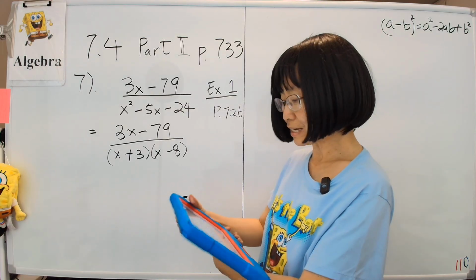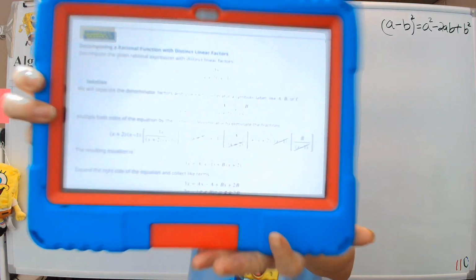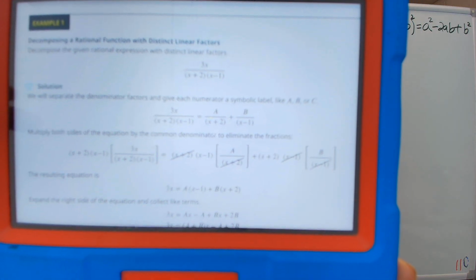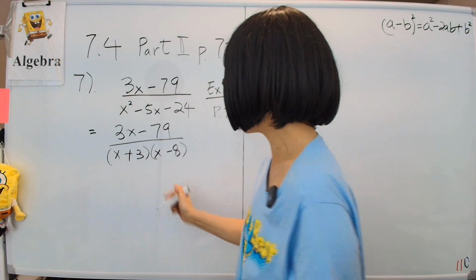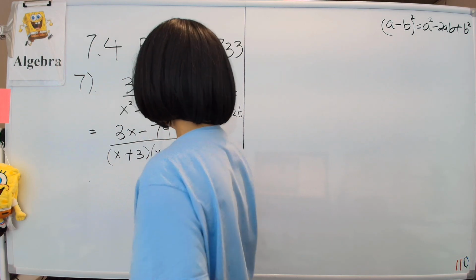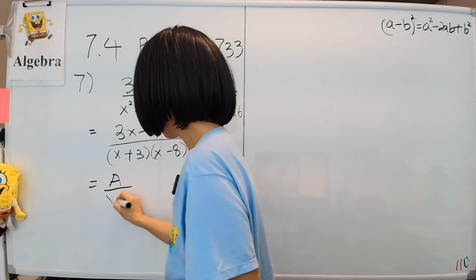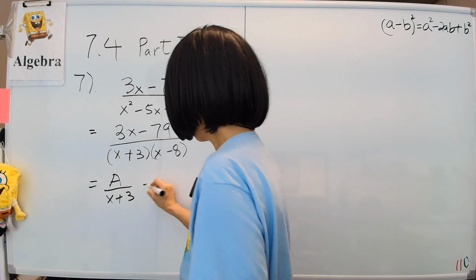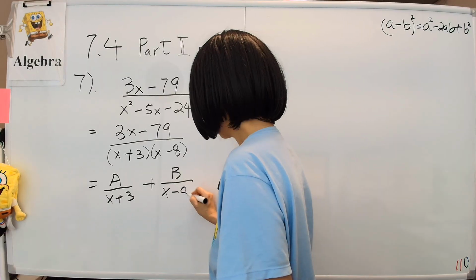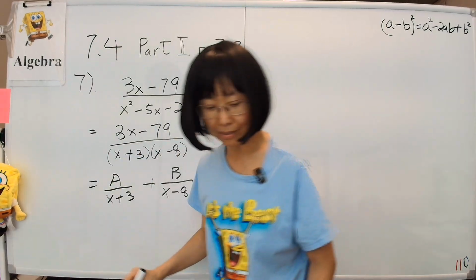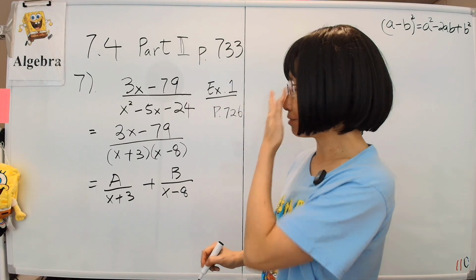Now we're going to follow example 1 exactly. Looking at example 1, here's what they did: we put a over one factor and b over the other factor. So this will equal a over the first factor, x plus 3, plus b over the other factor, x minus 8. Now that we have copied down the method, we just have to do it.